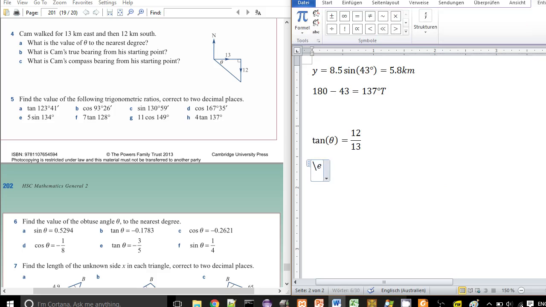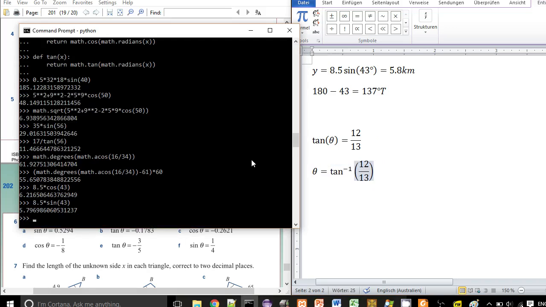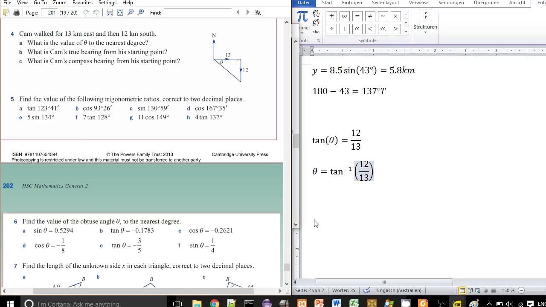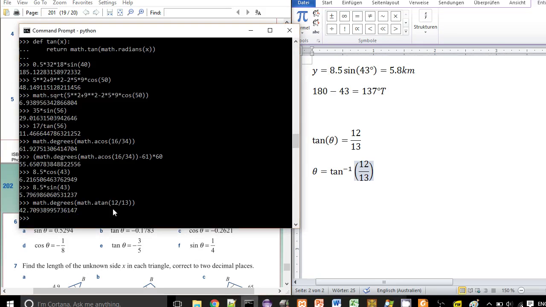Opposite of tan is inverse tan, so tan to the minus 1 of 12 over 13. Convert it to degrees at the end. Nearest degree, 43 degrees.